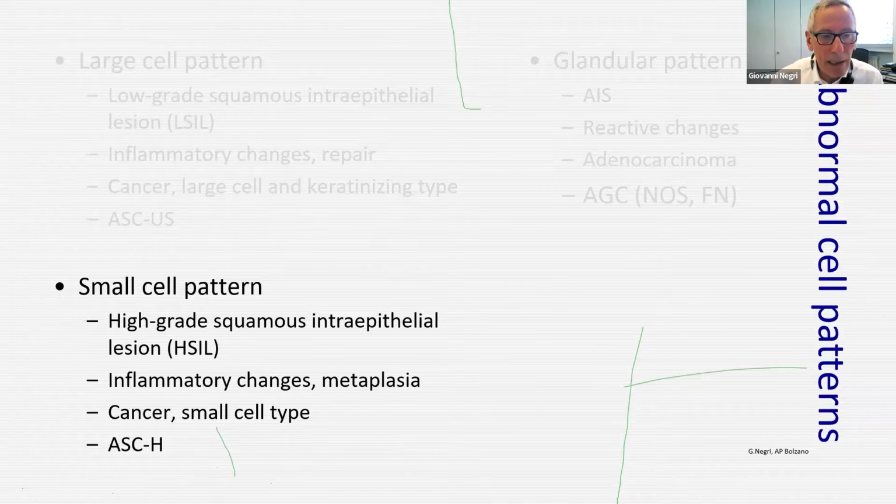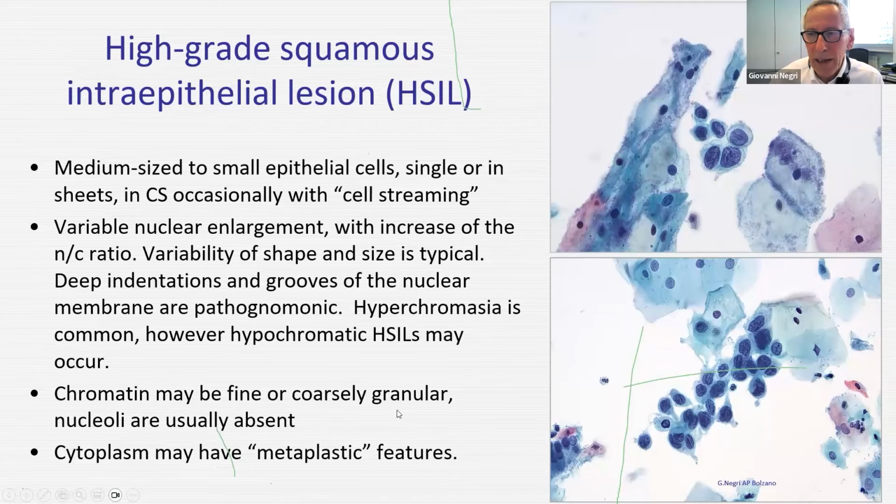So the second pattern is the small cell pattern, and this includes high-grade squamous intraepithelial lesions, high-grade, and inflammatory changes. Metaplasia is maybe the most important differential diagnosis, then a cancer of small cell type, and if you can tell, you can call it as such. Concerning high-grade, this is again usually a very simple diagnosis.